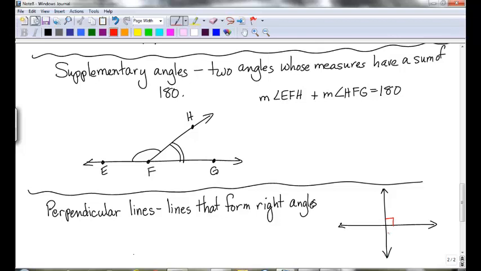If that one's perpendicular, they are perpendicular to each other. If I said this is line A and this is line B, this is their symbol in the book: line A is perpendicular to line B.